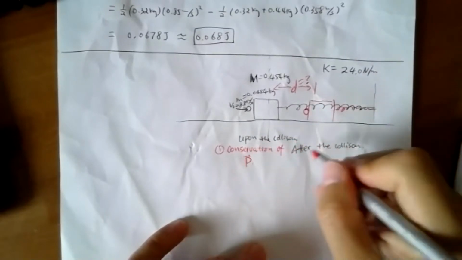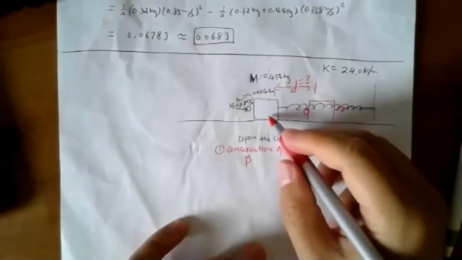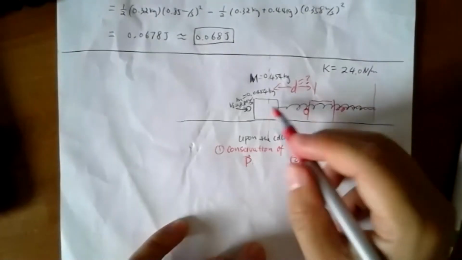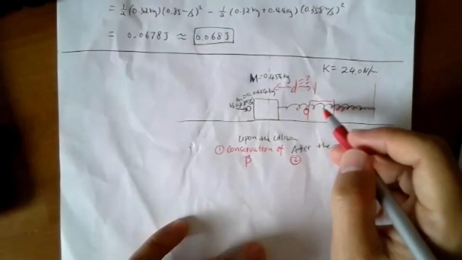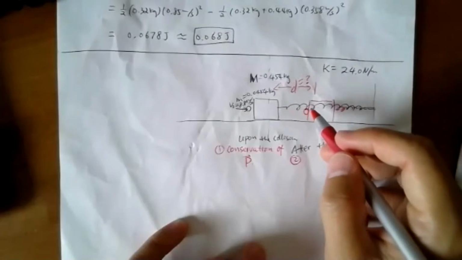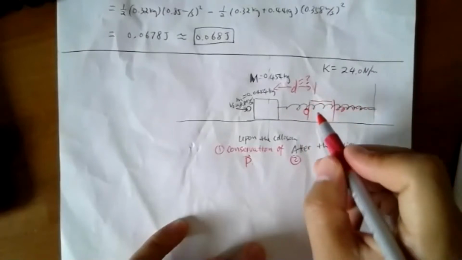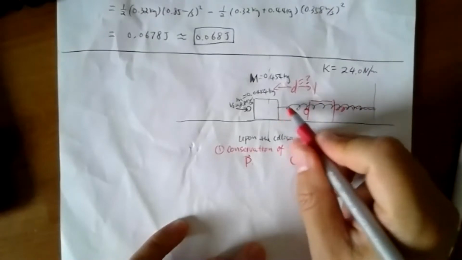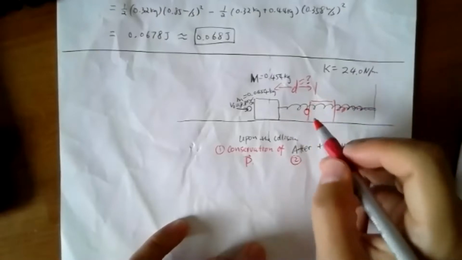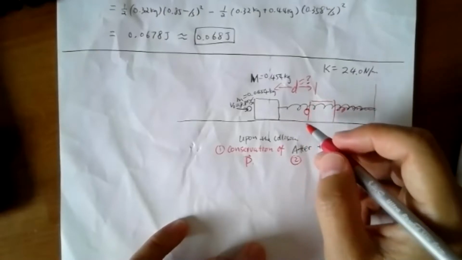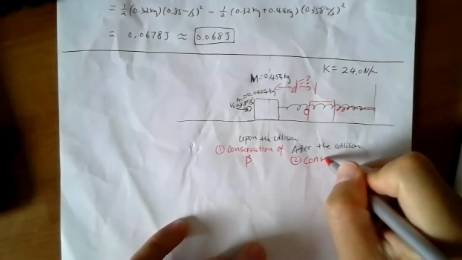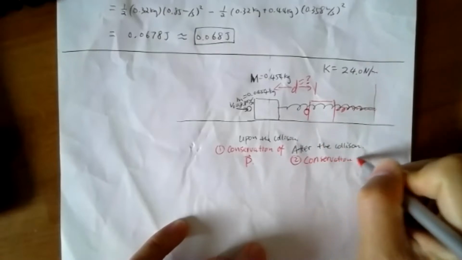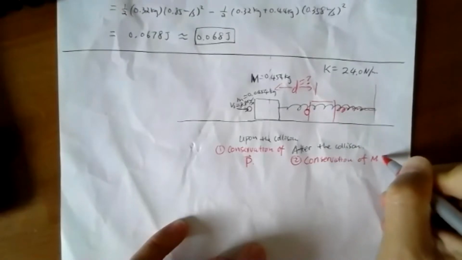After the collision, if you treat the block and the putty as one system, now it's just pushing the spring. The surface is frictionless as indicated in the problem, so there's only spring force doing work on the system. Spring force is a conservative force, so you can apply conservation of mechanical energy.